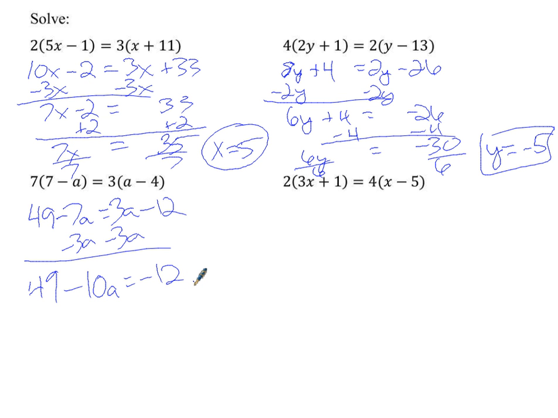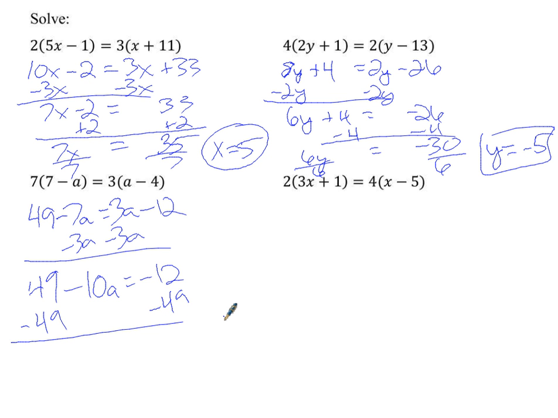We're running out of boys here. Good. You want to get the variable term, which is this guy right here, by itself. So that means this has to disappear. That's a positive 49. So to get it to move, we've got to subtract 49 from both sides.